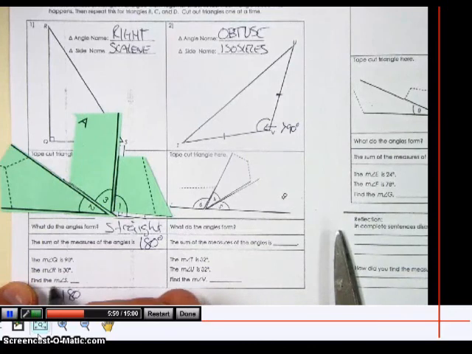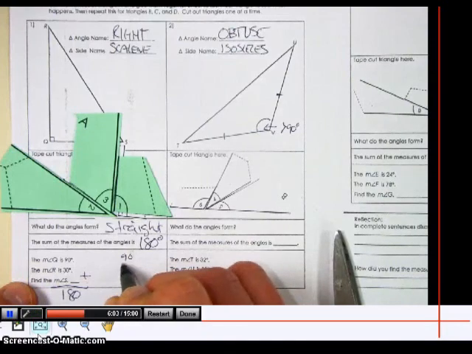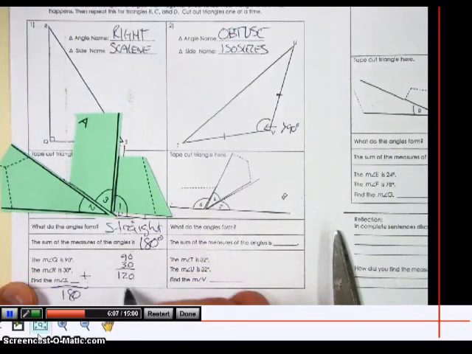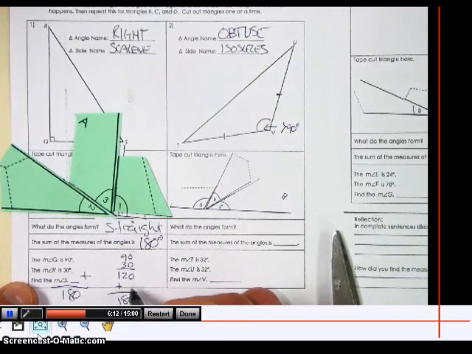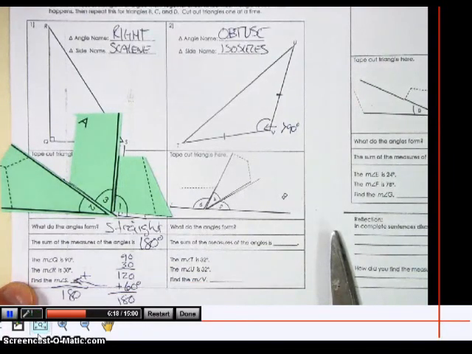So all of that added up would make 180. What is 90 plus 30? 120. So what would I need to make it add up to 180? 60. So the measure of angle S is 60. Okay?